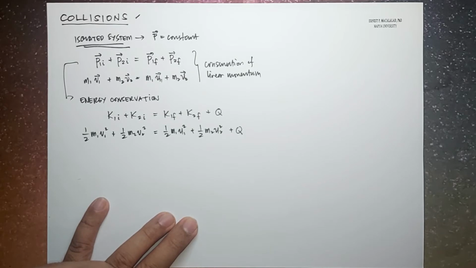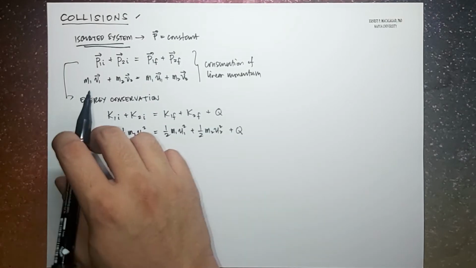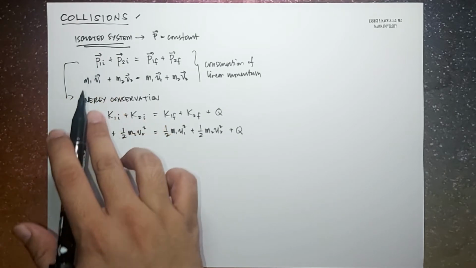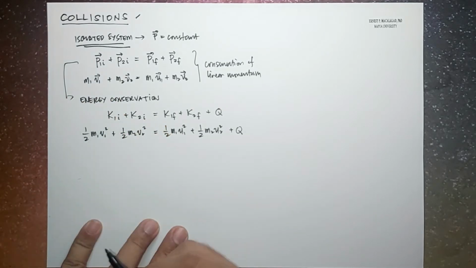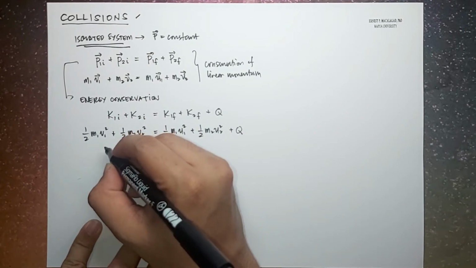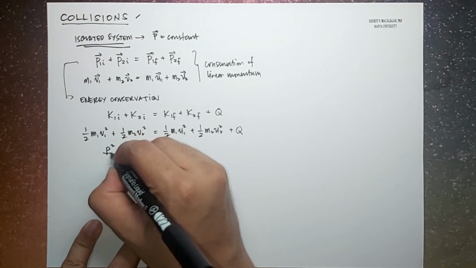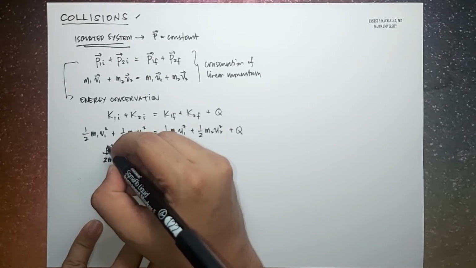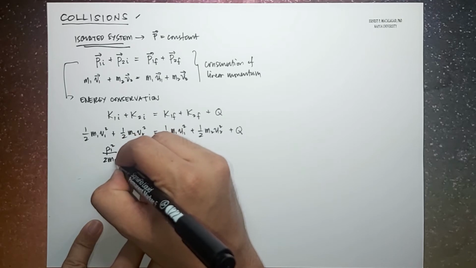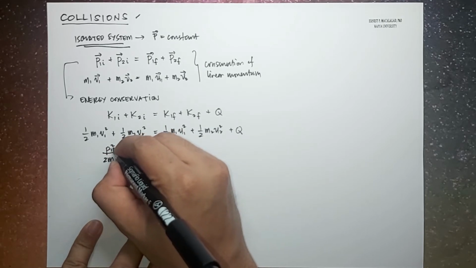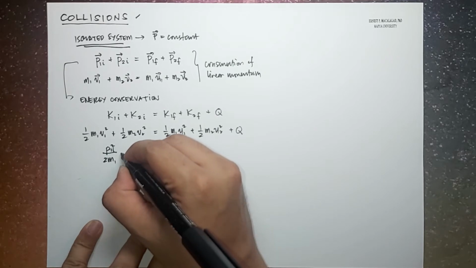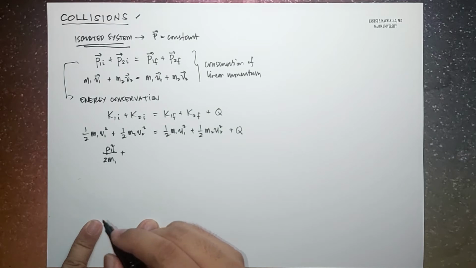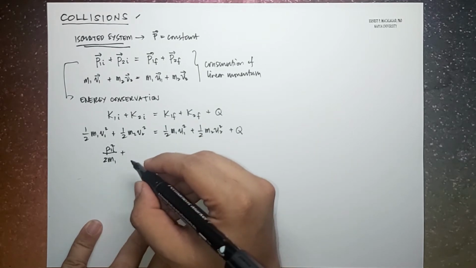of Q. Now let's take note that in terms of the magnitude of the momentum of a system, the kinetic energy would be equal to p squared over 2m. For the first particle before collision, this will be p1i squared over 2m1, and then the rest of the terms will follow the same form.